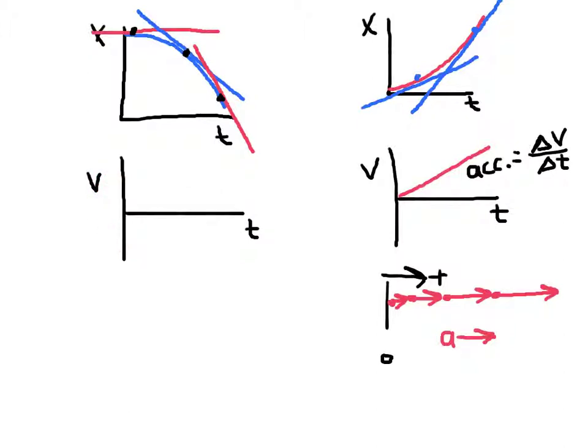Well, the velocity, which again is the slope of the position time graph, starts at zero, so that means our velocity is going to start at a zero value at time zero.